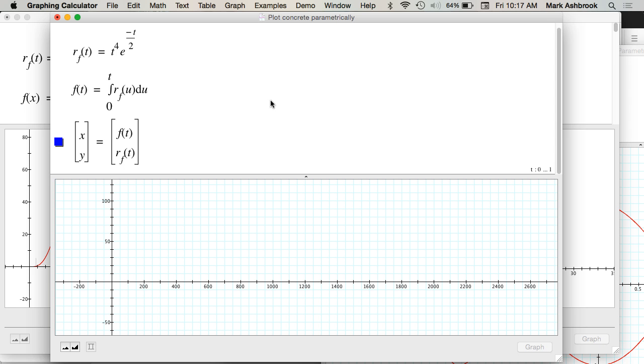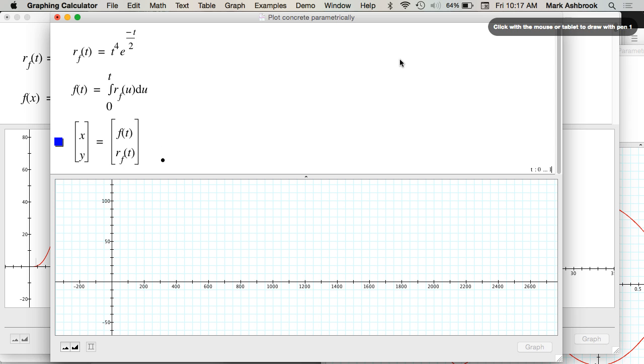So rather than changing the range of t, what's a different way to show the whole thing? What could I do here in the points that I'm plotting to show all values?